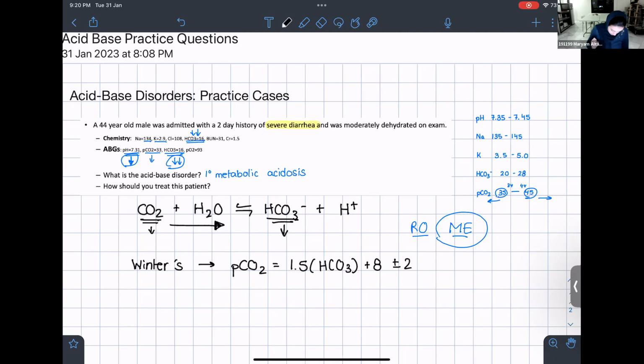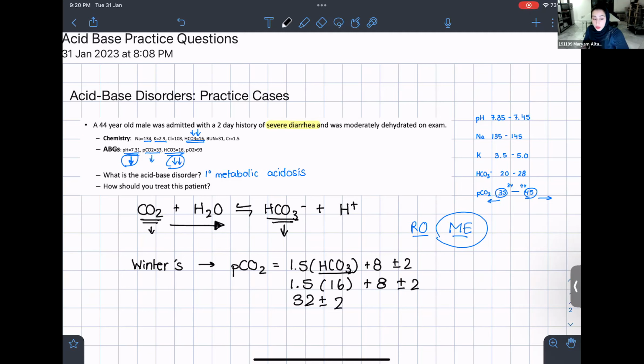Our bicarb is 16, right? 1.5 times 16 plus 8, plus or minus 2. All right? Don't be ashamed to use calculators, guys. This is why we're in medicine. So 1.5 times 16 plus 8 is going to be 32. All right? So this is 32 plus or minus 2.